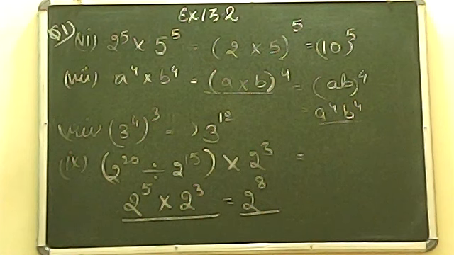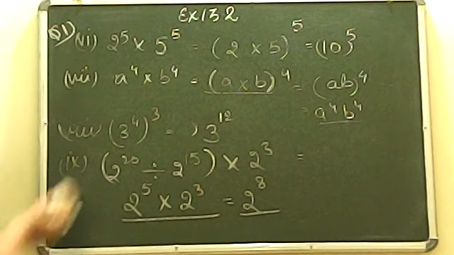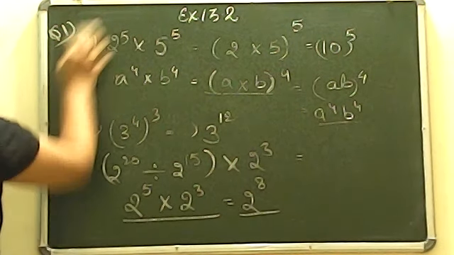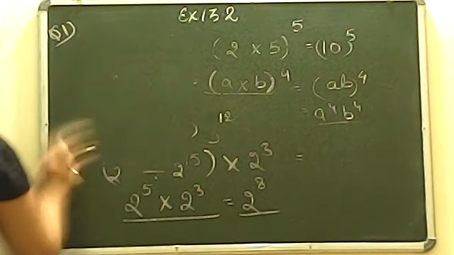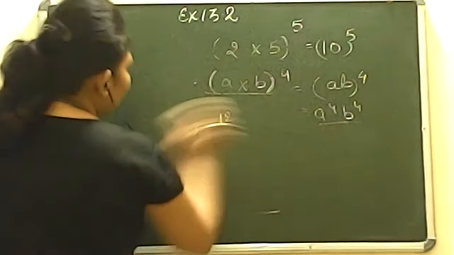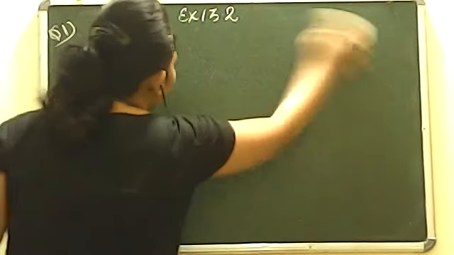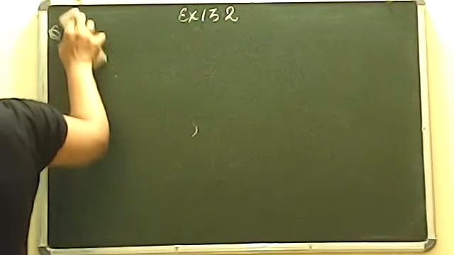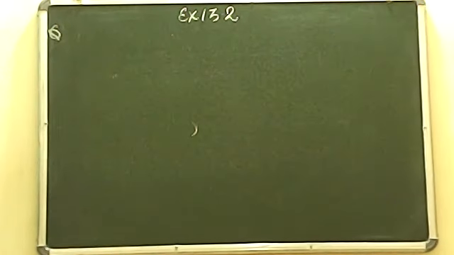Okay, no issue. Now 8 to the power t divided by 8 to the power 2. Please tell me the answer. What can we write down? 8 to the power t. Okay. Rest of the students, 8 to the power t divided by 8 to the power 2. What should be the answer? Okay. Why t minus 2?